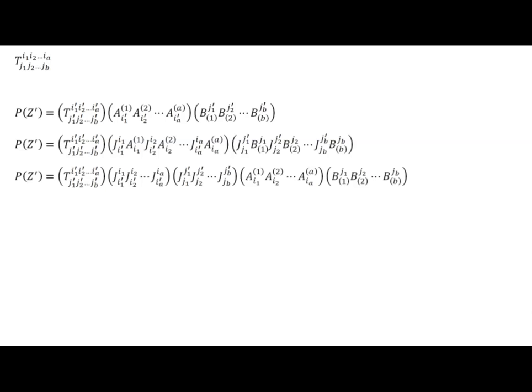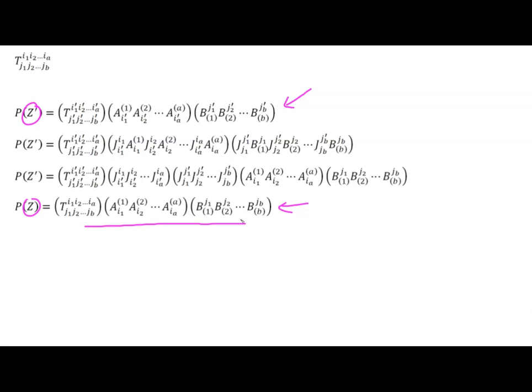Now the next thing I'm going to do is write down the original expression as it would look in the unprimed system. So instead of being a function of z prime, it's a function of z, and none of the indexes have the prime symbol on it. Okay, so what we're saying is that if this is indeed a scalar function, then this expression has to be the same as that.